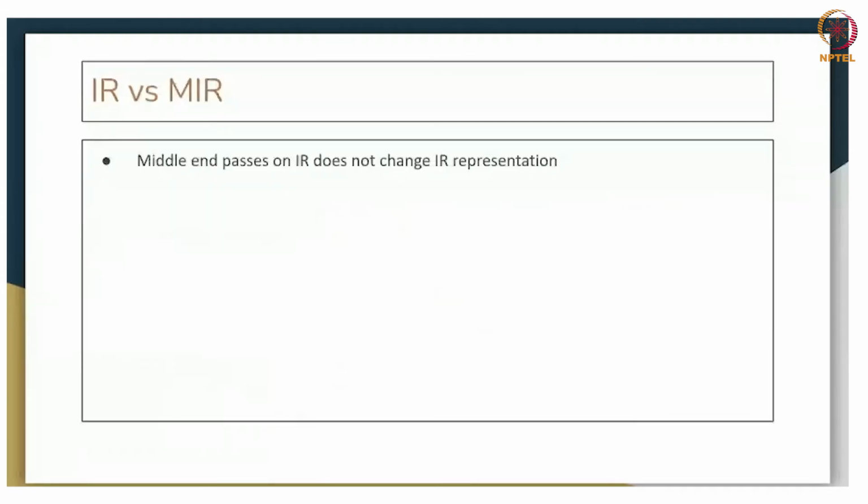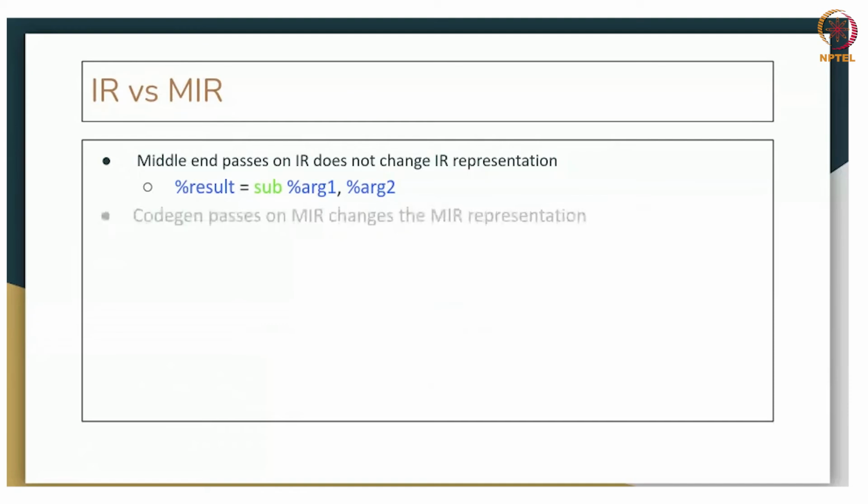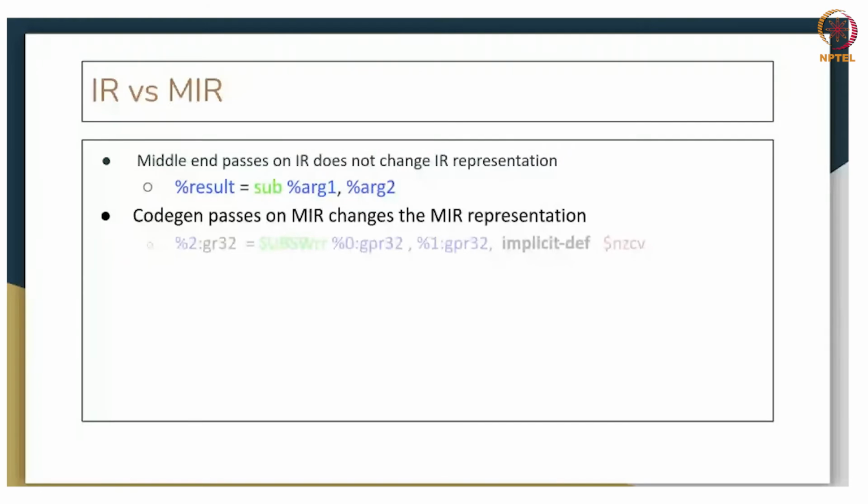So for IR versus MIR, we can have a comparison. We have already done the LLVM IR passes. Middle-end passes on IR need not necessarily change the IR representation. Code generation passes on MIR change the MIR representation.